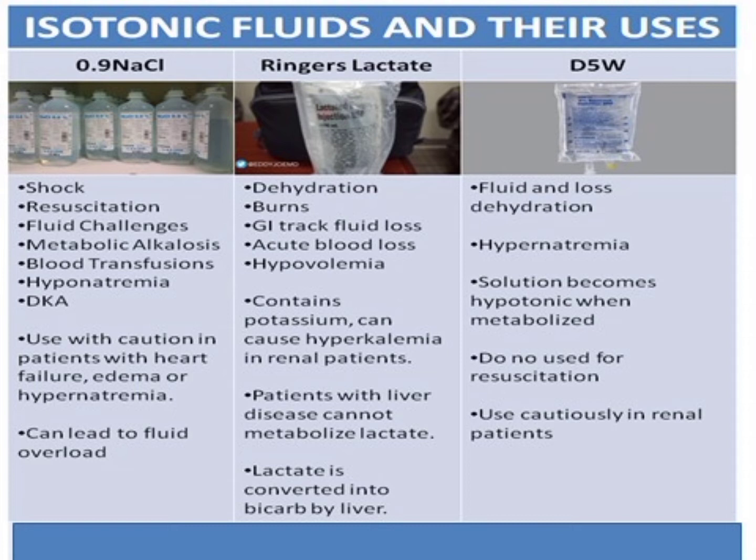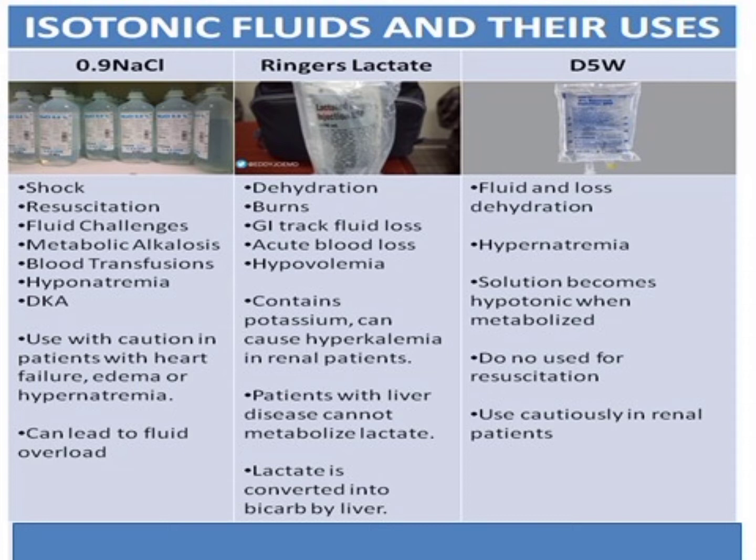Next is Ringer lactate. When do we give Ringer lactate to the patient? When the patient has dehydration, burns, GI tract fluid loss, acute blood loss and hypovolemia. And this Ringer lactate, as I already told, contains all electrolytes. Whenever you give Ringer lactate, be cautious with renal patients because it will cause hyperkalemia.